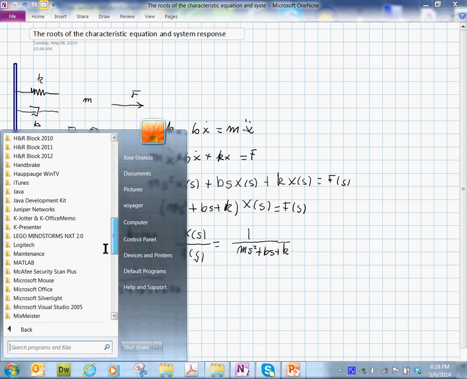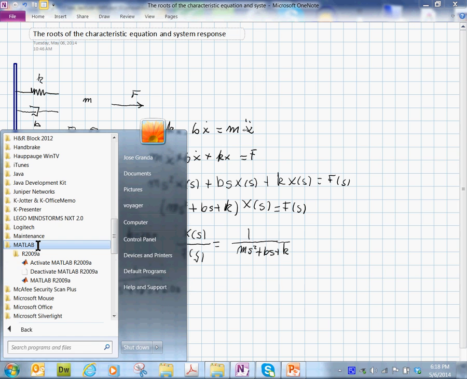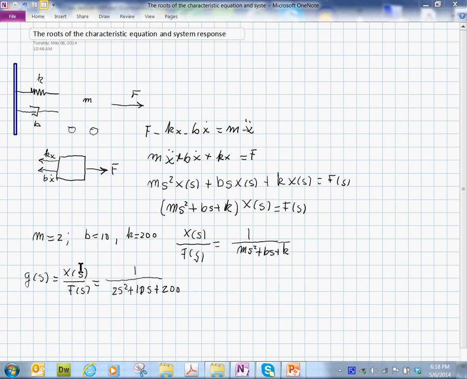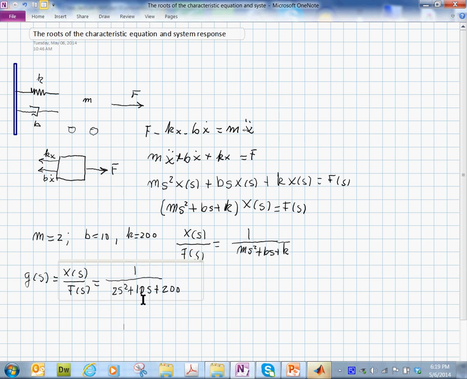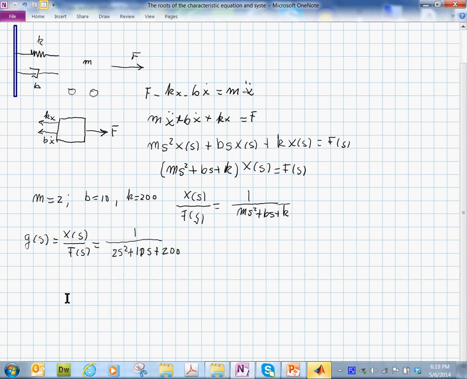We are going to plot the response, and one of the questions I want to raise is how these coefficients influence the response. If you set this denominator to 0 and find the values of s, the solutions of this so-called characteristic equation, they reveal a lot about how the system responds.